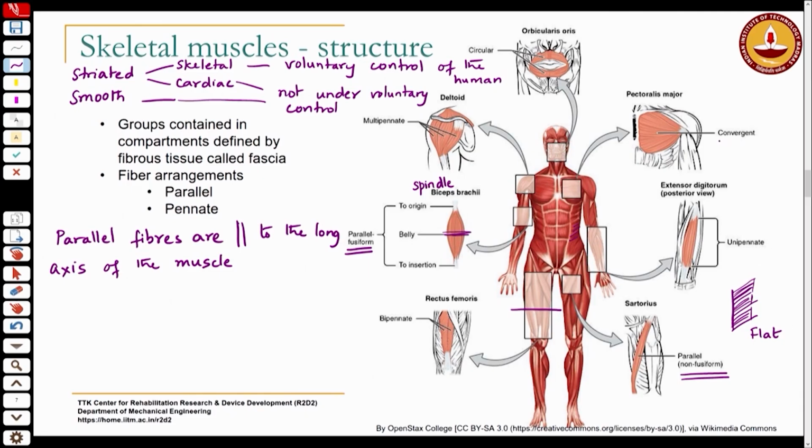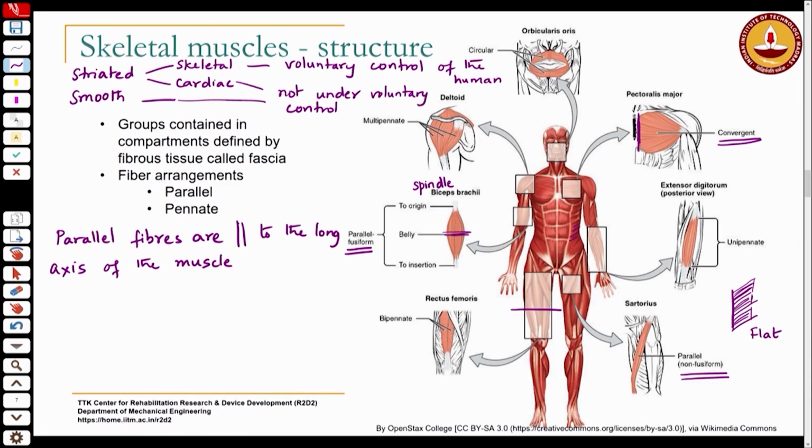Then you have what is known as a convergent arrangement. You have fibers that converge to a small cross section where you have the tendon. They start from a larger area and then converge to a small area.